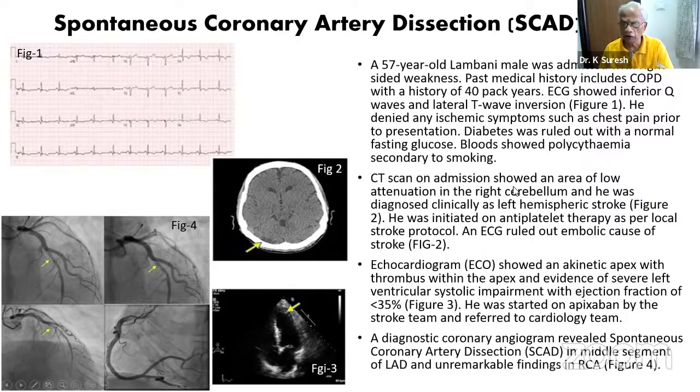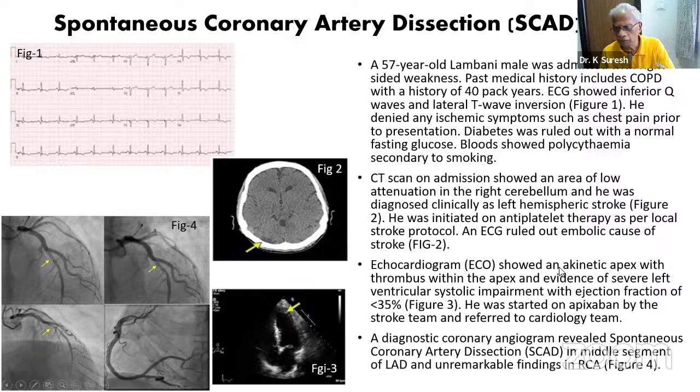CT scan done on admission showed an area of low attenuation in the right cerebrum. You can see this location. He was diagnosed clinically as a left hemispheric stroke and initiated on antiplatelet therapy as per the local stroke protocol. ECG ruled out any embolic cause.